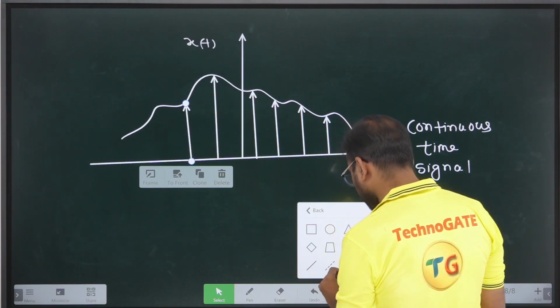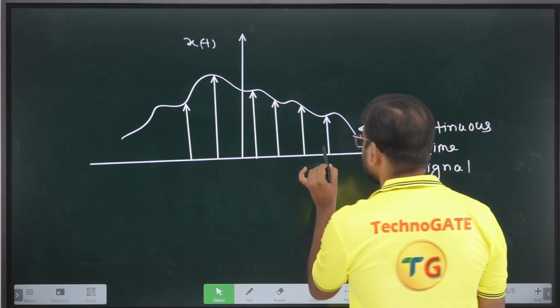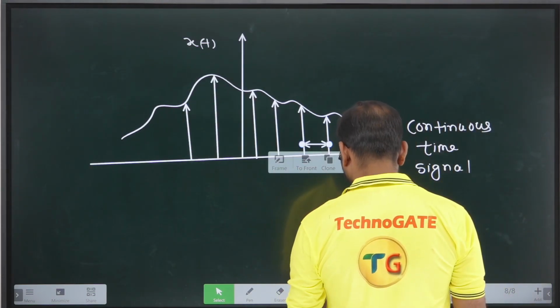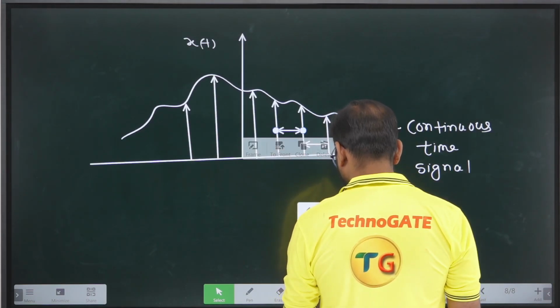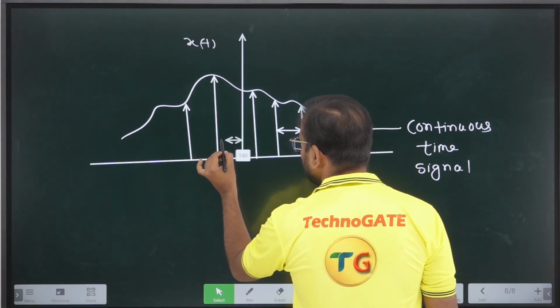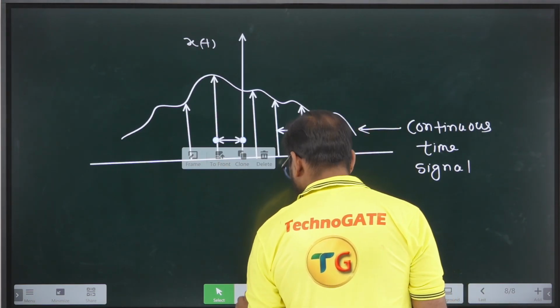Then this distance, or this distance, all these distances are Ts.